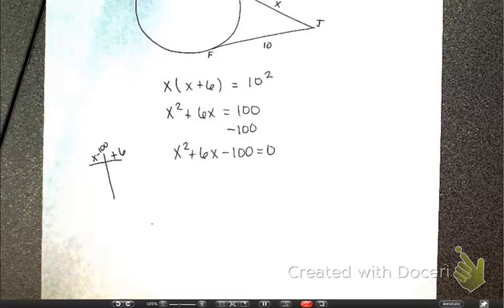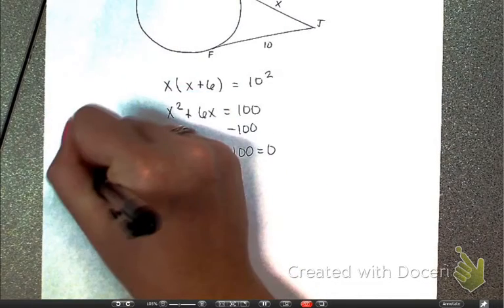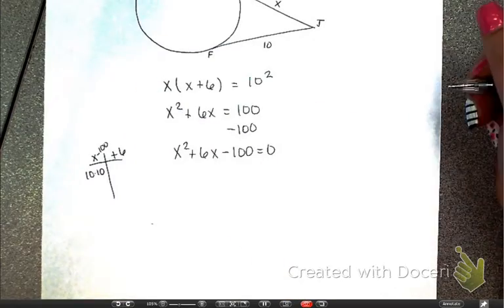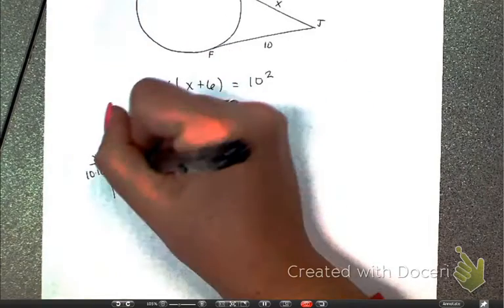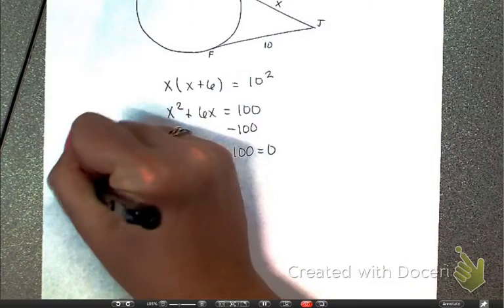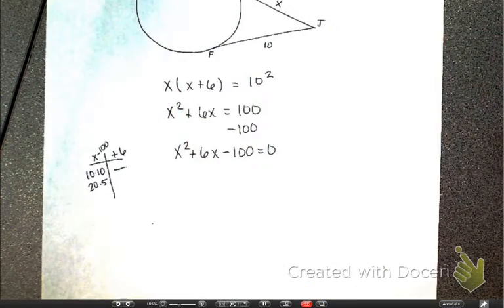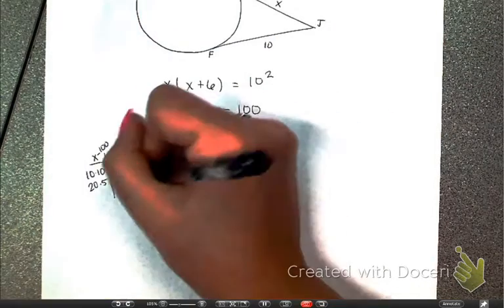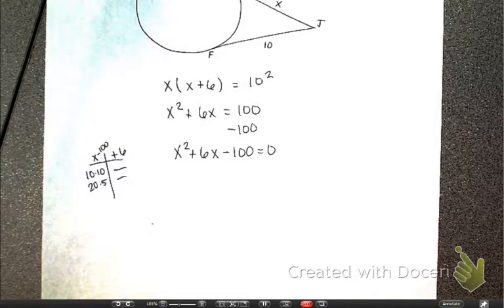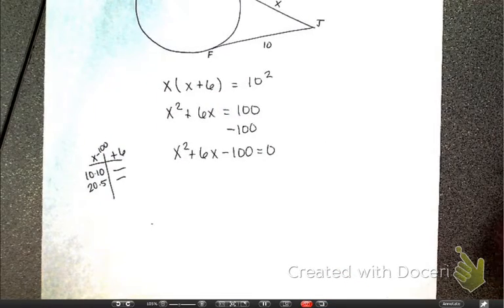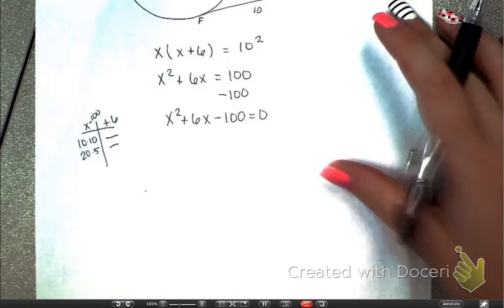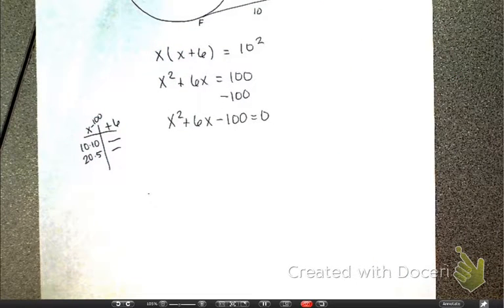Let's throw out two numbers. 10 and 10. Okay, is there any way to add those to 6? No. 20 and 5. Is there any way to add those to 6? Okay, so if factoring doesn't work, which it doesn't look like it's going to here, what's our next option?